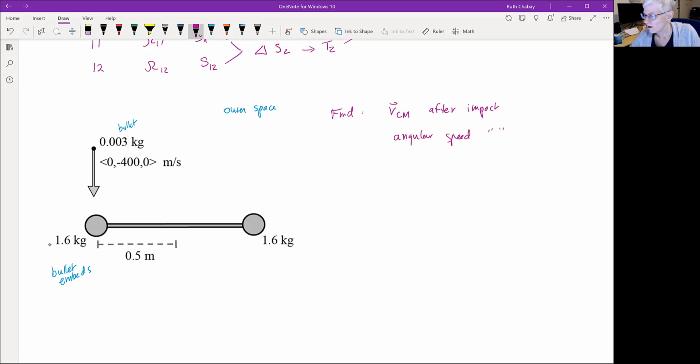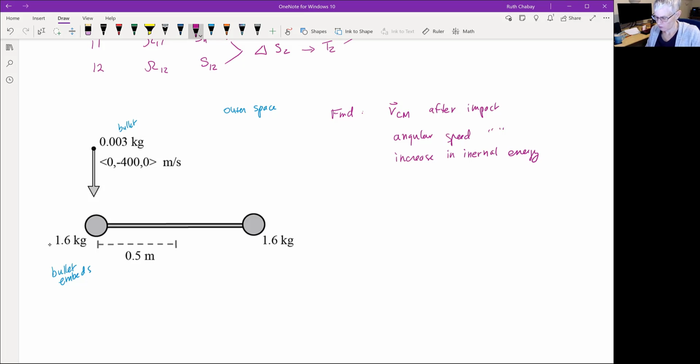And we want to find out the increase in internal energy of the device after impact. And by the device, we now mean the device including the bullet.